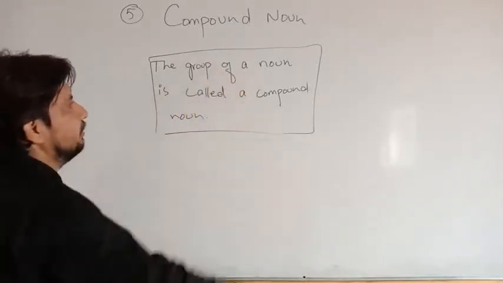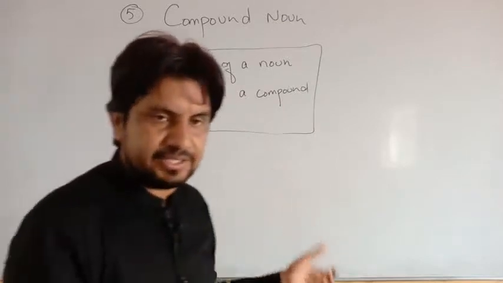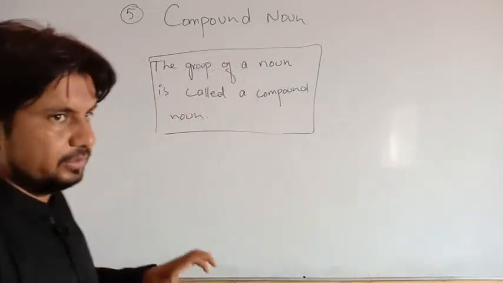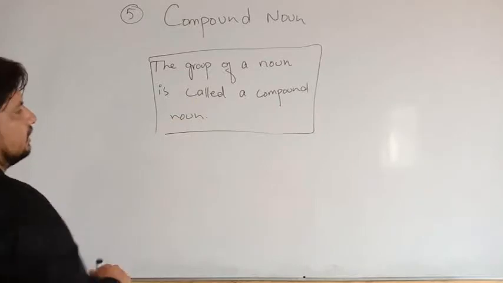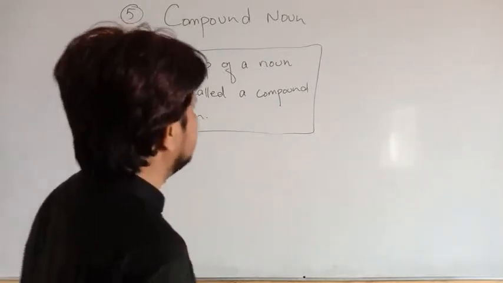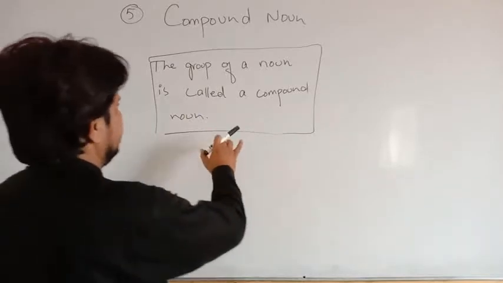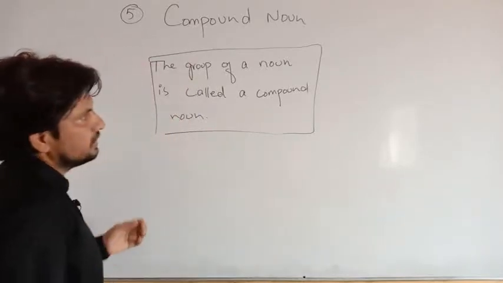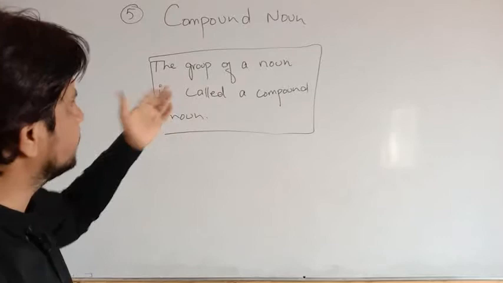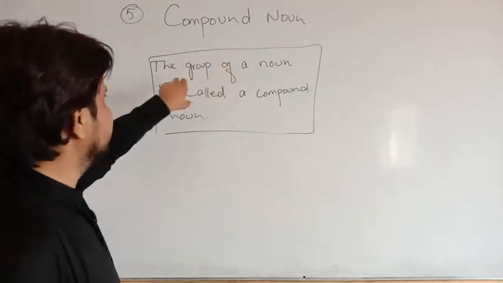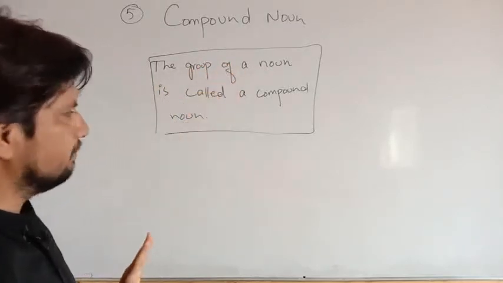The group or collection of nouns is called a compound noun. It is a very simple definition. There is no hesitation or confusion in this, so you just have to focus on it. The group of nouns is called a compound noun.